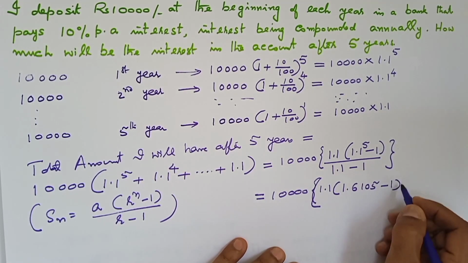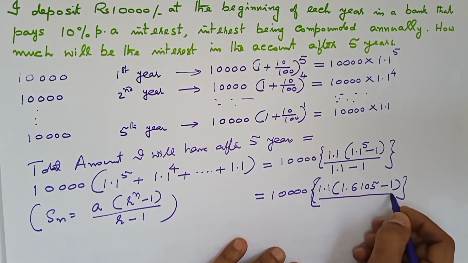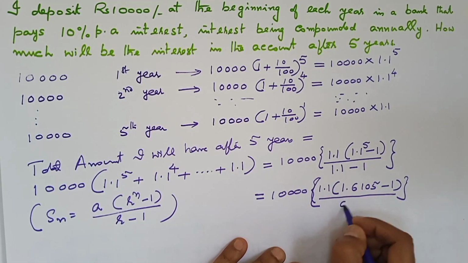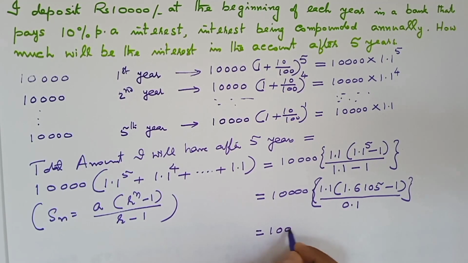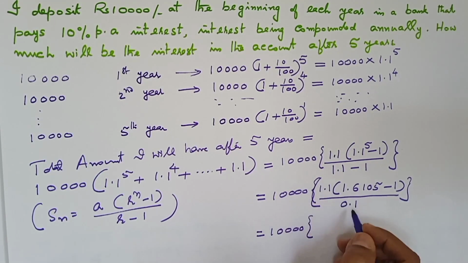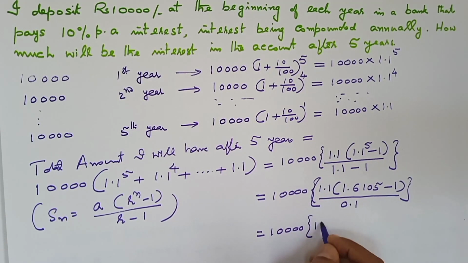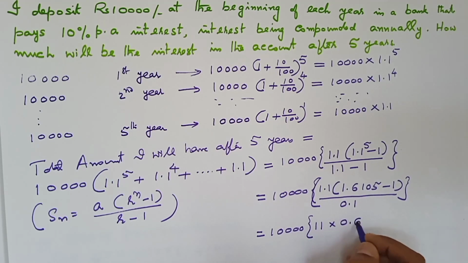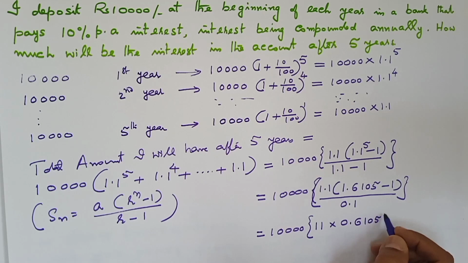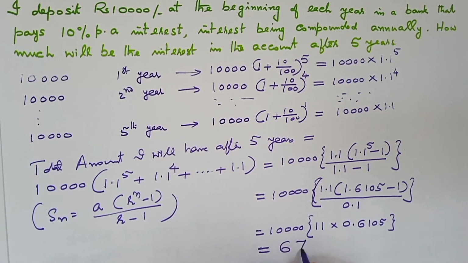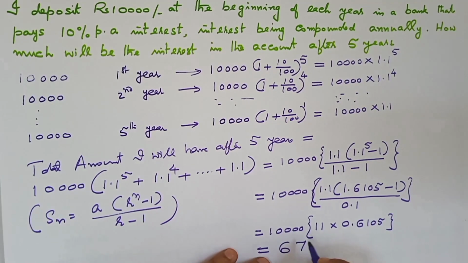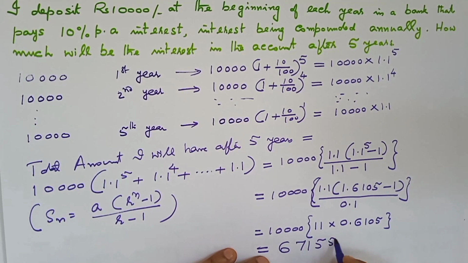1.6105, and this will be 0.1. This on simplification, 1.1 and 0.1, that will be 11. This will be 0.6105. This will be equal to 6755.